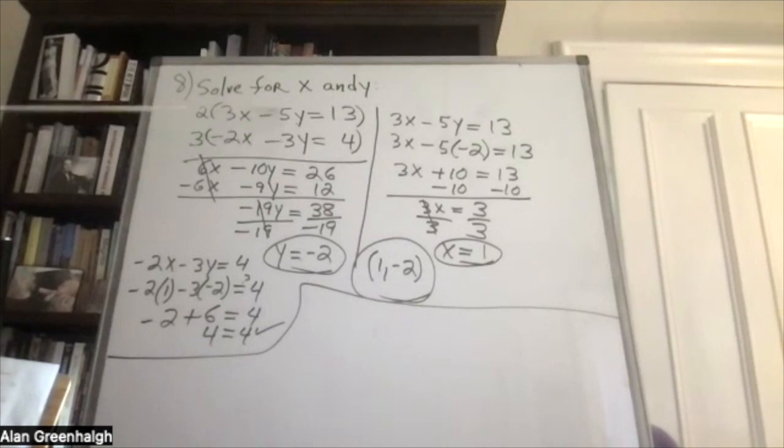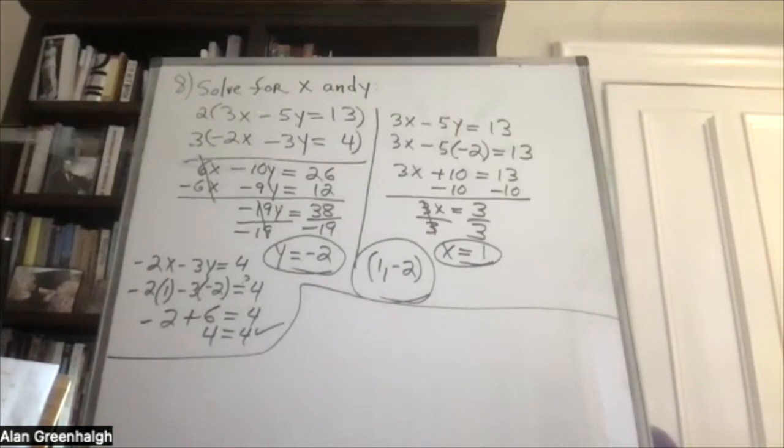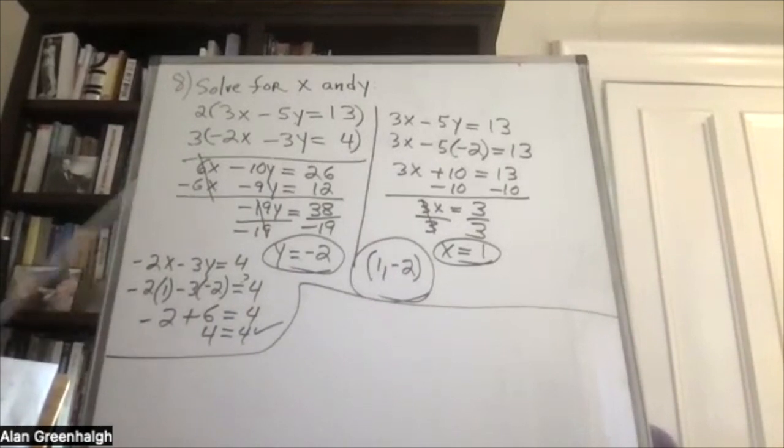And that would be a 15 in the middle. But you'd have to make sure that one of them had a different sign. So you'd have to either multiply the top one by negative or the bottom one by negative. That seemed a little more complicated to me, so I chose the first one.